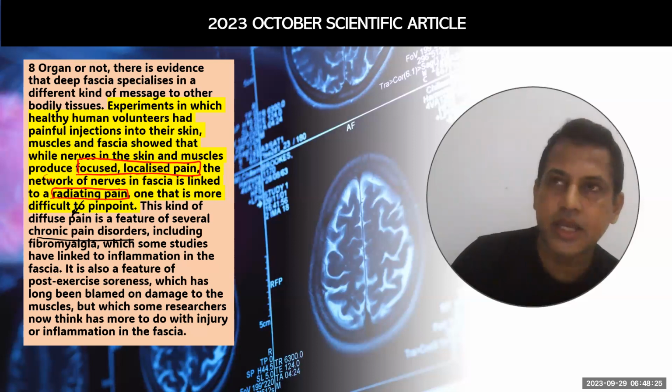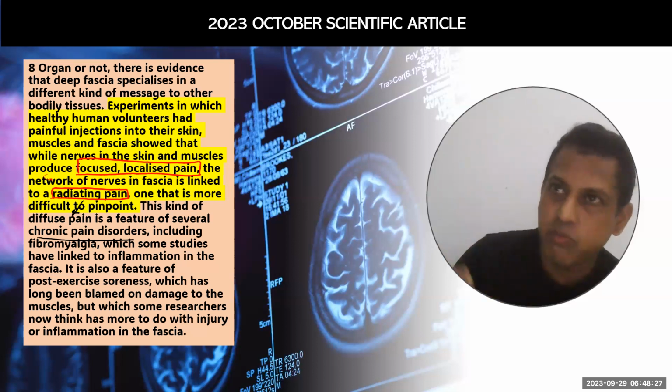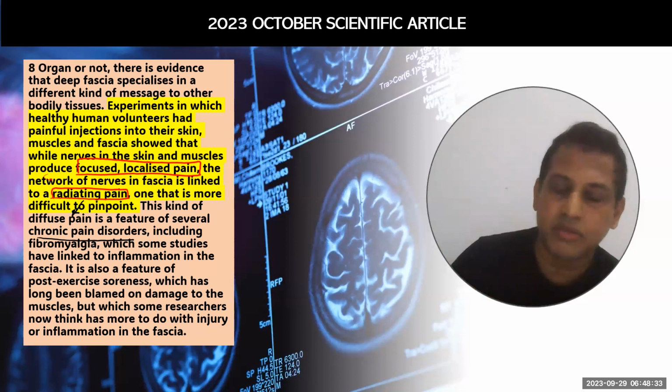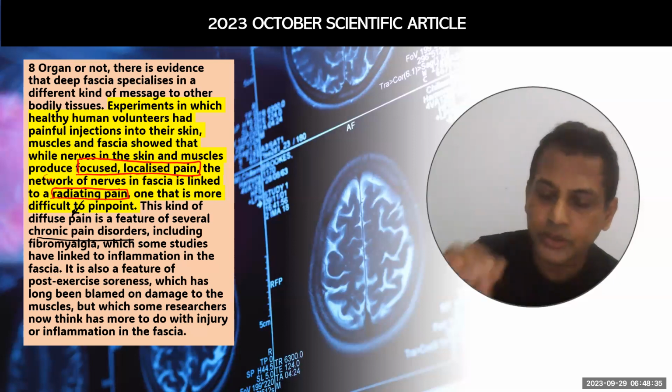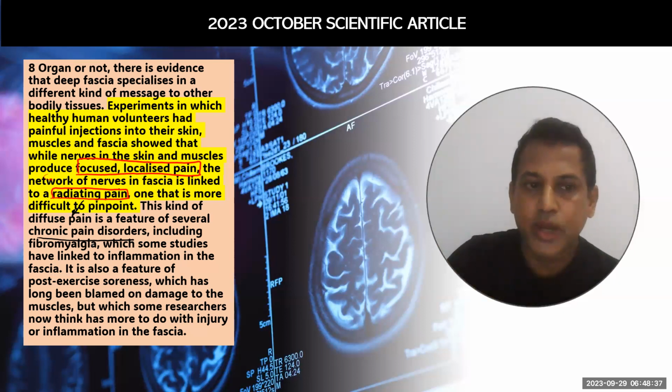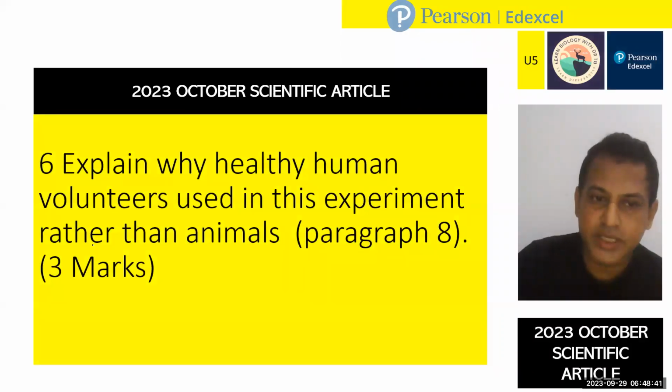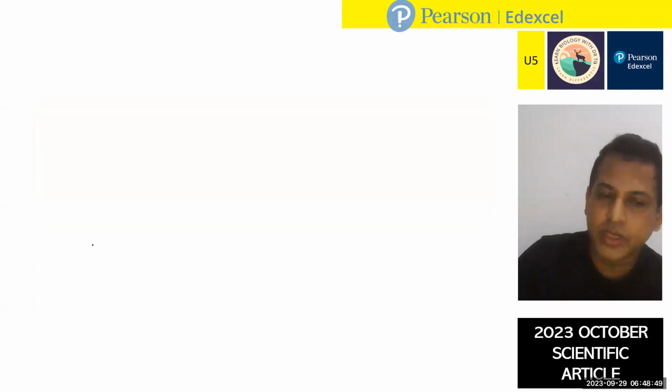Now we can understand here the type of pain explains the type of inflammation or type of conditions. So keep in mind, we are going to answer the question: explain why healthy human volunteers were used in this experiment rather than animals. Paragraph 8. So we give an answer for this question.